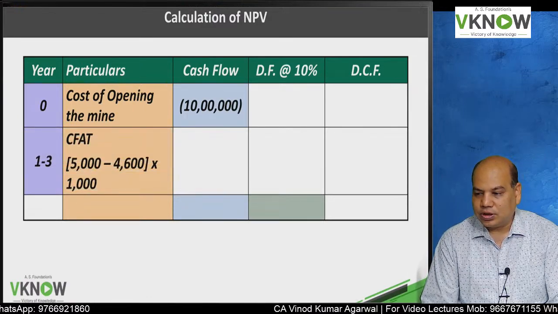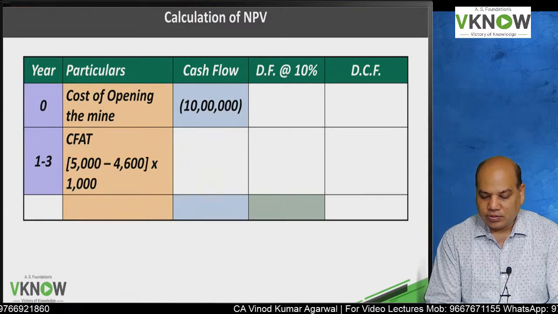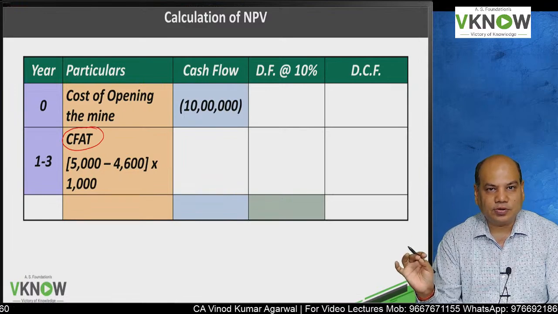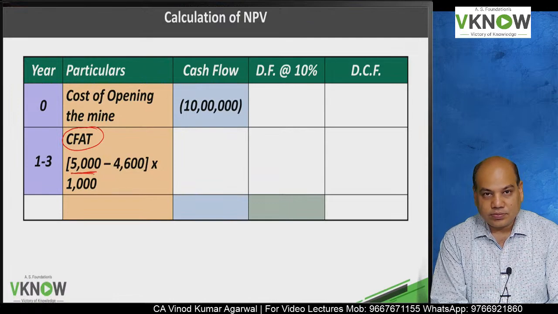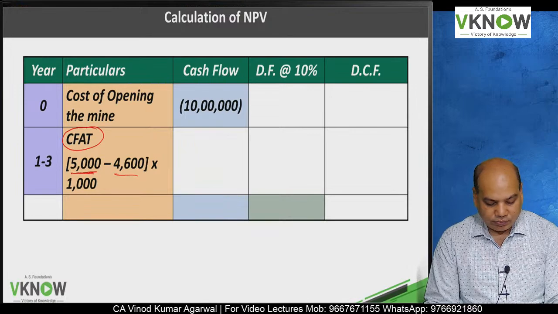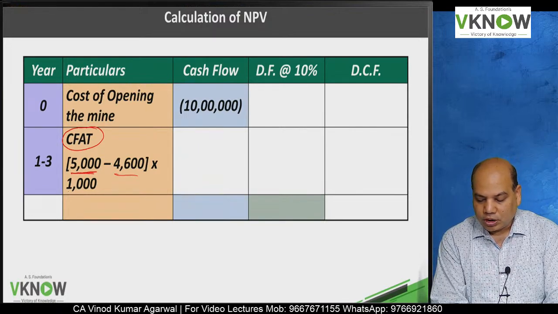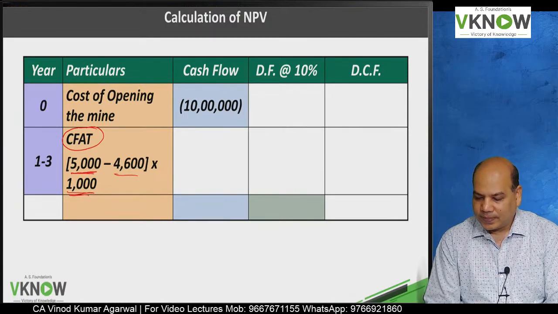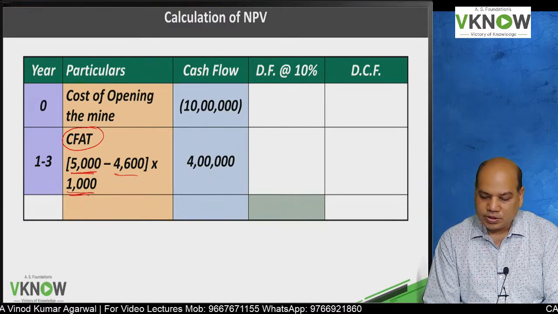And for years 1 to 3, you will get cash flow after tax, or you can just write annual cash inflow. 5,000 rupees is the price of the gold, 4,600 is the extraction cost, and 1,000 is the quantity. So the answer is 4 lakh rupees. Just check, 4 lakh rupees.